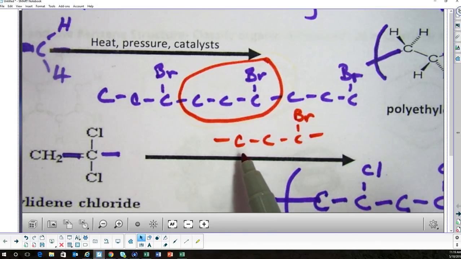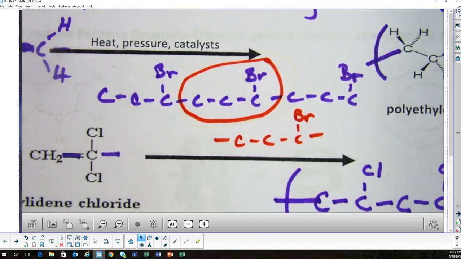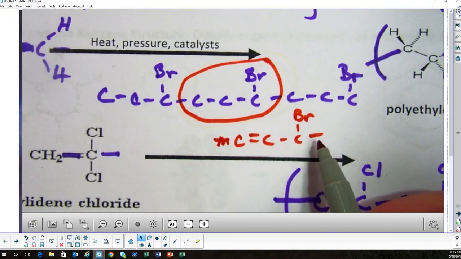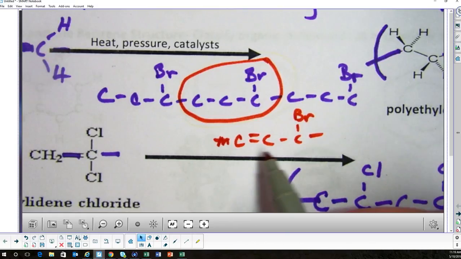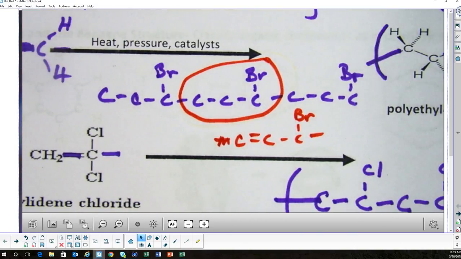In order to make that up, I've got to have a double bond. I've got to figure out where that double bond goes. And I picked an ornery one, but this would go away and we'd have a double bond here, and then it would attach back and forth. So you have to have a double bond to shift, and this would go away. So that would be my original.